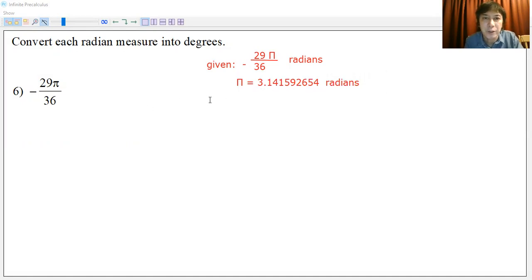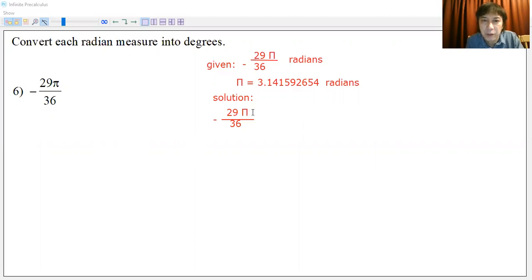All right, so let's start with our solution. The solution will start from the given. We have negative, and we put that fraction symbol right away, and we have 29 pi over 36.